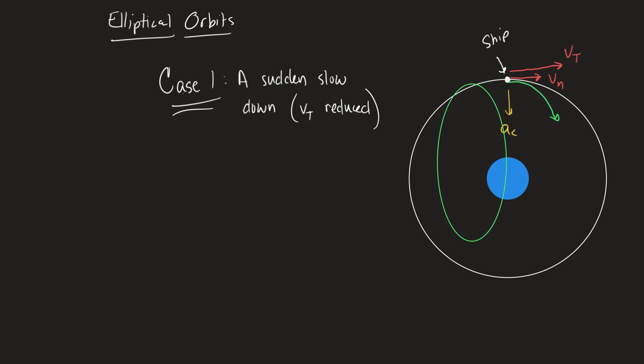First, I'm trying to do as good a job as I can drawing this orbit, so let me do a slightly better job. There we go. So if you suddenly slow the object down, it would have to create a new orbit.